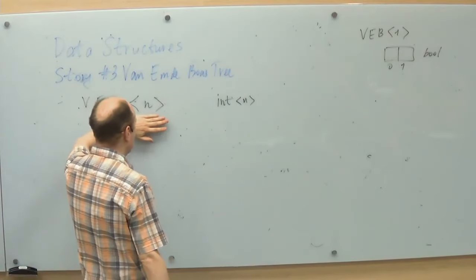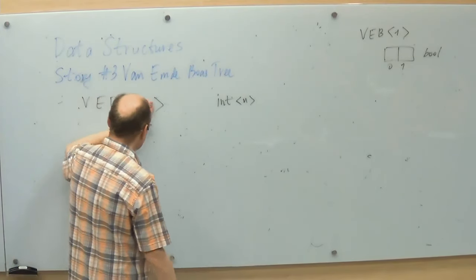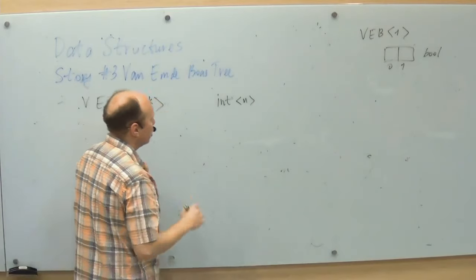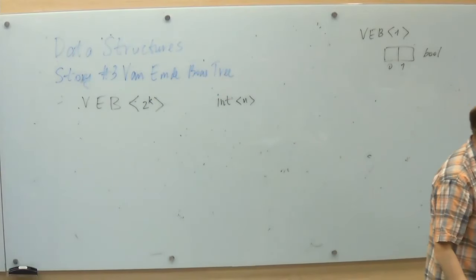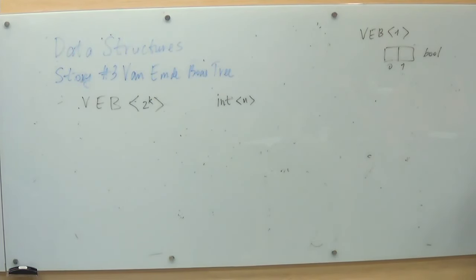So for n greater than 1, let n be a power of 2. It is actually the case for integer values in common computer architectures, because in 32-bit you have 32, a power of 2, and in 64-bit you have 64, also a power of 2.